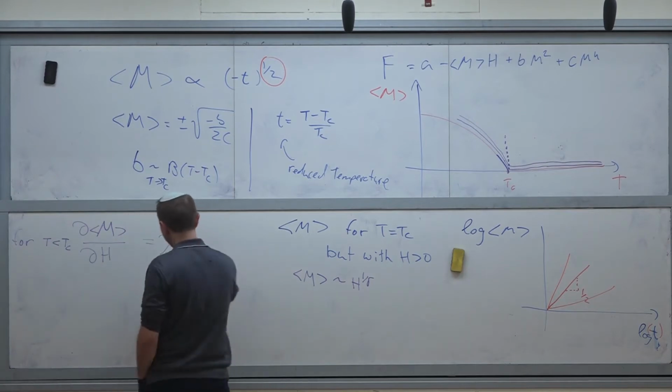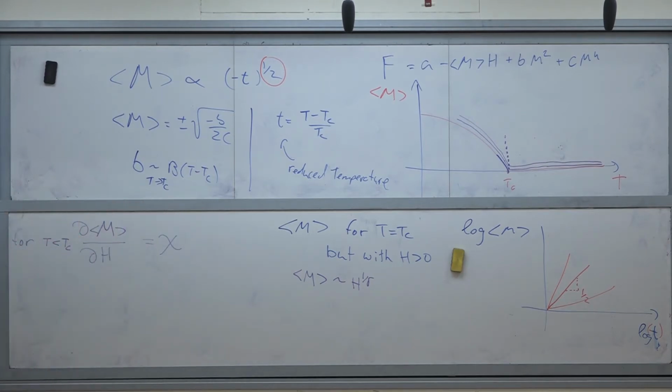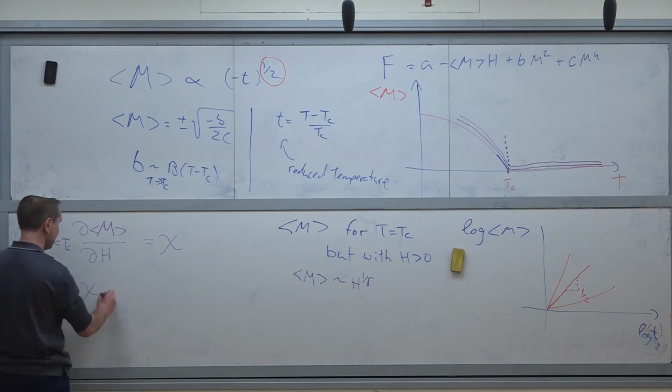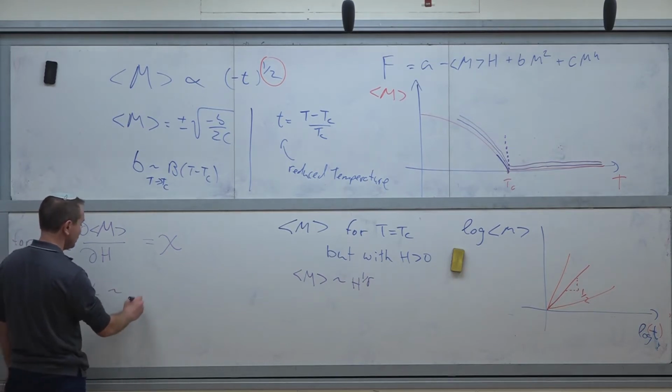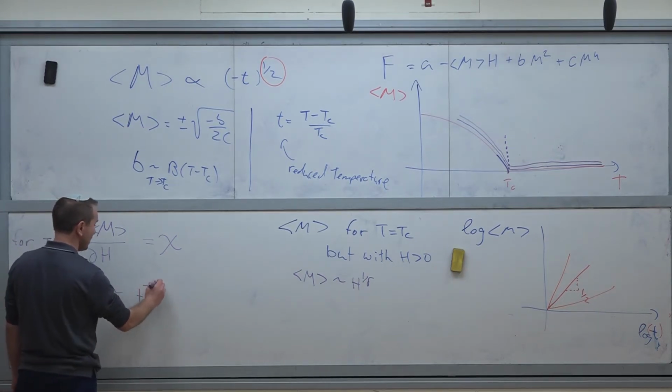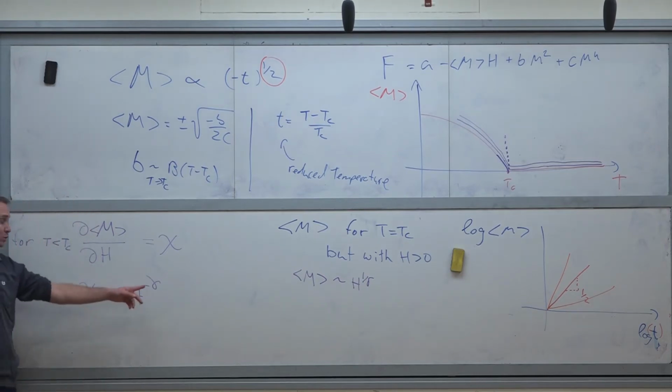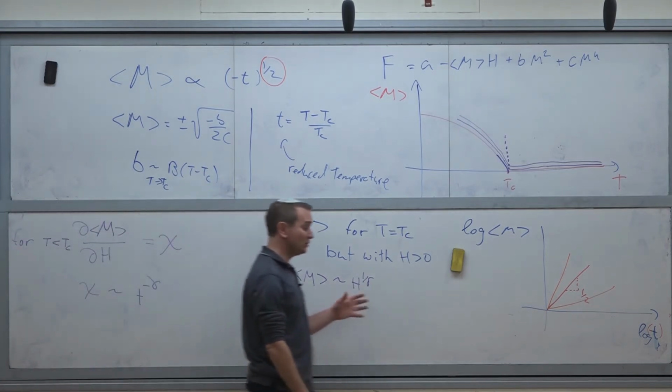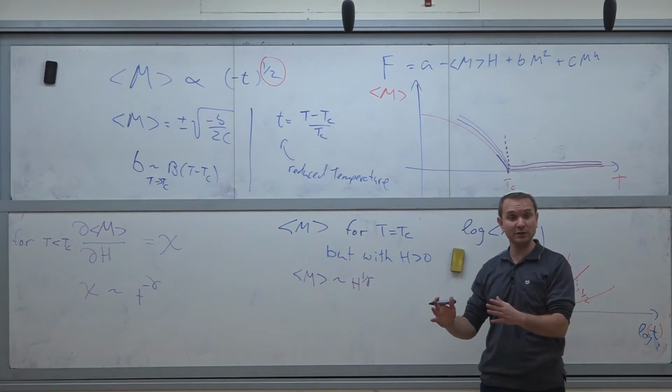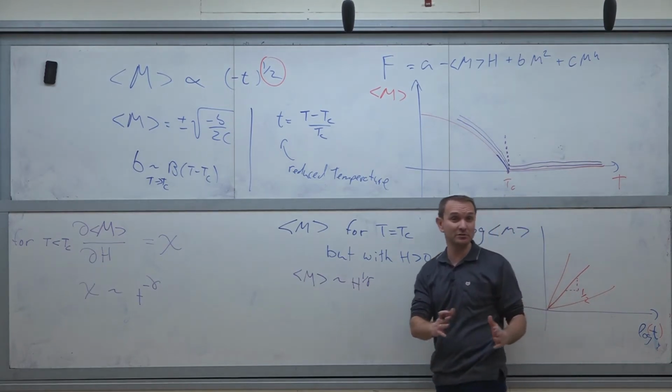Over here, the exponent is termed gamma, I think. Yes. So usually what people see is that the susceptibility is proportional to T to the power minus gamma. And again, we see only a few of these critical exponents. Very different systems have the same critical exponent.